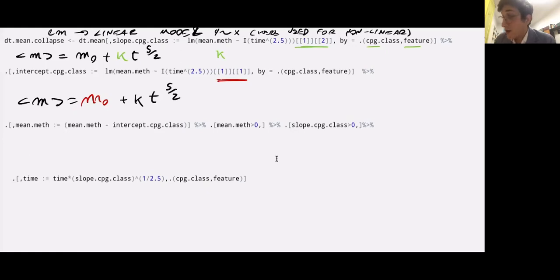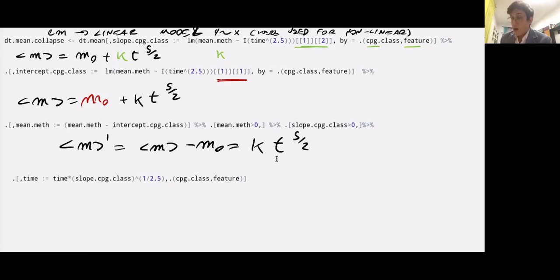So now what we can do is, first, let's just take the average methylation and remove the m0. We define an average methylation prime, which will be just average methylation minus m0. And we hope that this will be k t to the power of 5/2.